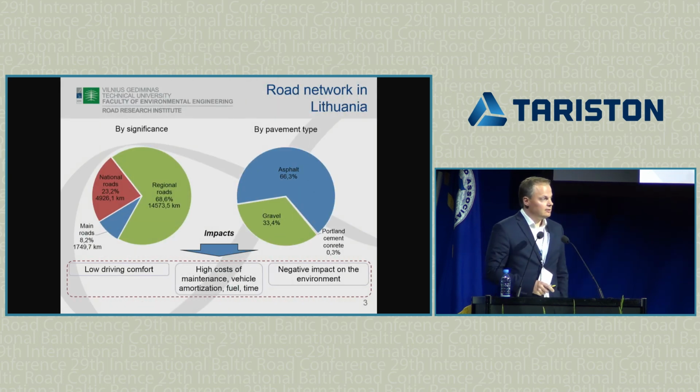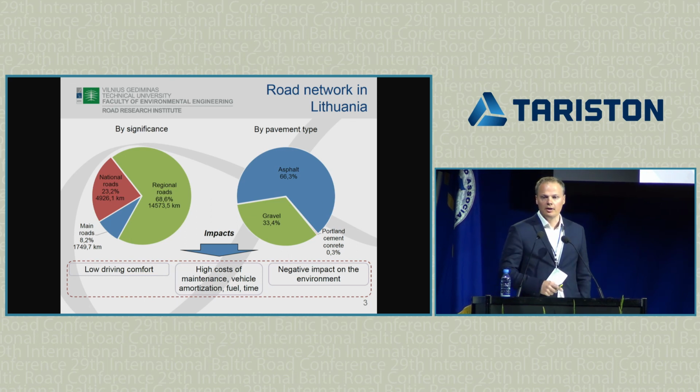Here you can see that the Lithuanian road network consists of almost more than 21,000 kilometers, excluding municipality roads. It's only national roads of national significance. And till now we still have 33% of gravel roads in our national network.